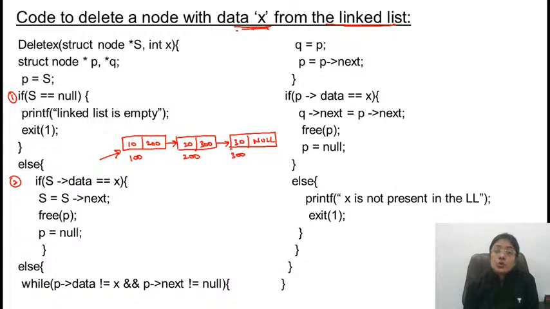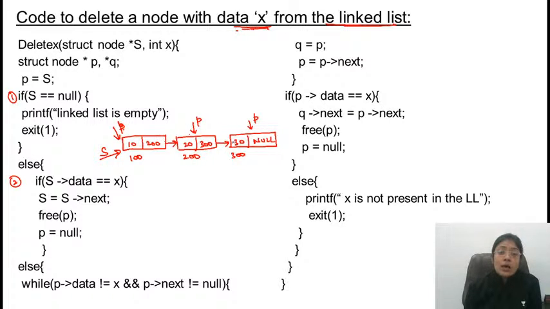So this needs to traverse. It will start from s, maintain a copy, that is p. While p is not equal to null and p of next is not equal to null, it will jump to the next one. The linked list is over and it has not found the node with data x. So in that case deletion is not possible.